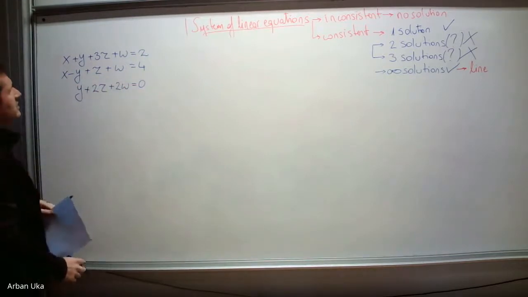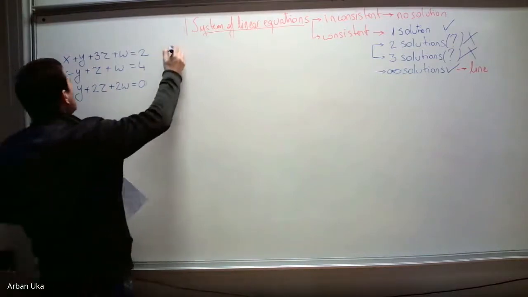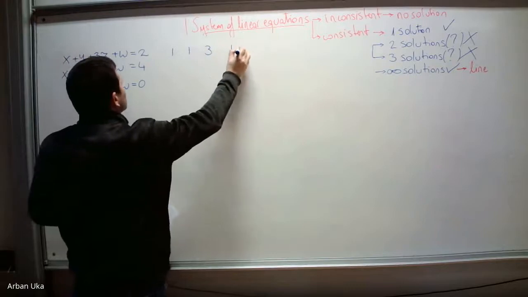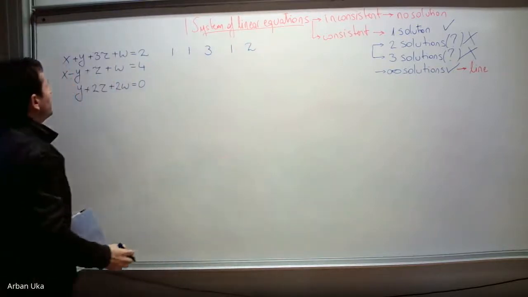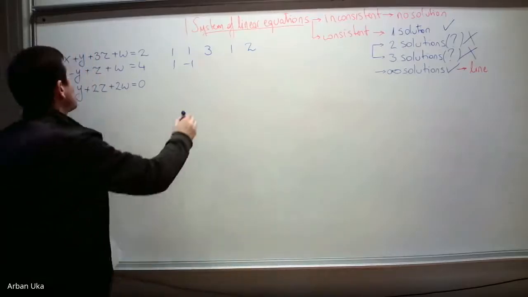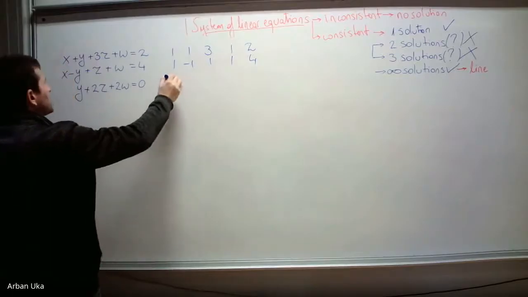So starting with this system, we can write it as 3, 1, 2, and 1, minus 1, 1, 1, 4, yes, 1, minus 1, and then 0, 1, 2, 2, 0.